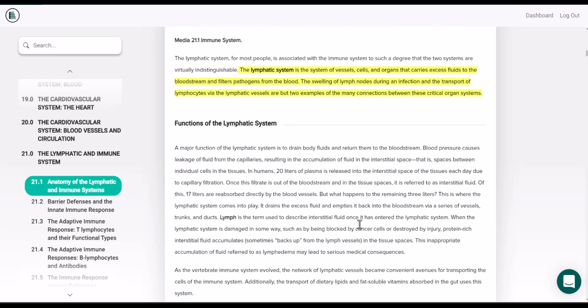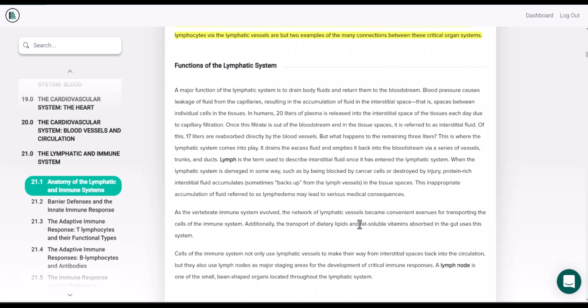So the functions of the lymphatic system basically is to filter the blood and drain away extra body fluids.